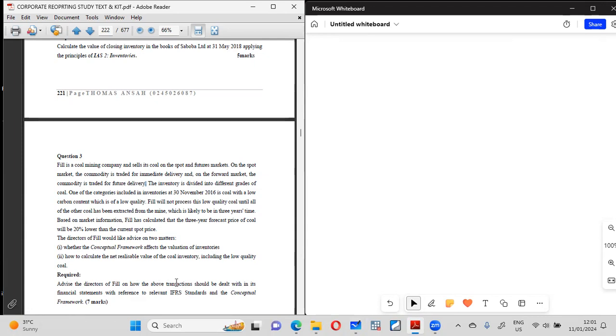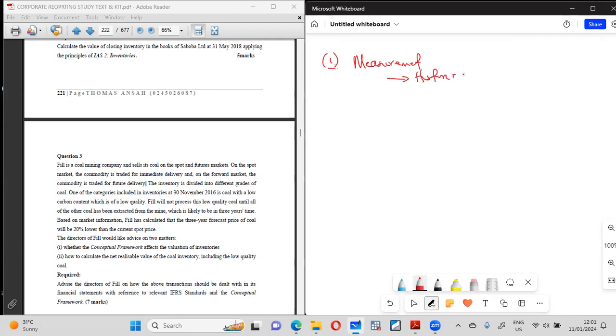So how do you go about explaining it? So let's first pick the first matter. The first matter is what? About the conceptual framework. What has the conceptual framework got to do with this? Of course, if you remember your conceptual framework, remember we talk about measurement criteria, measurement. And the measurement, it looks at what? Historical and current.